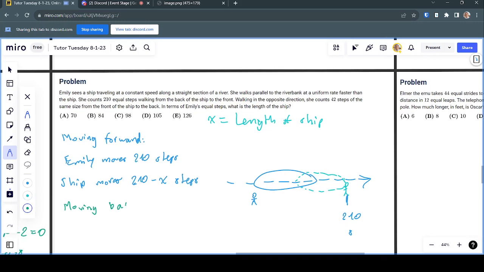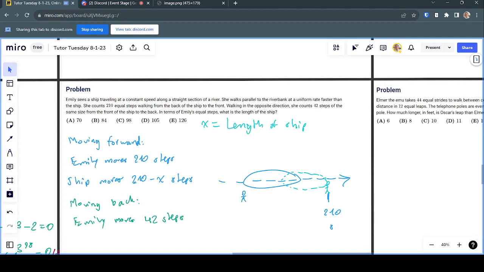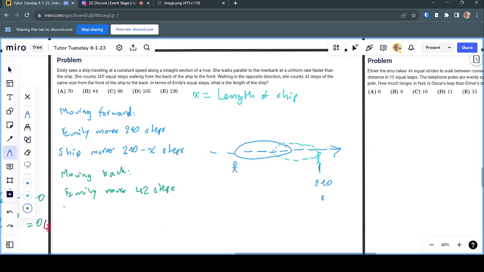Back. Emily moves 42 steps from the front to the back. Okay. And the ship moves by 42 minus x, or sorry, x minus 42 steps.